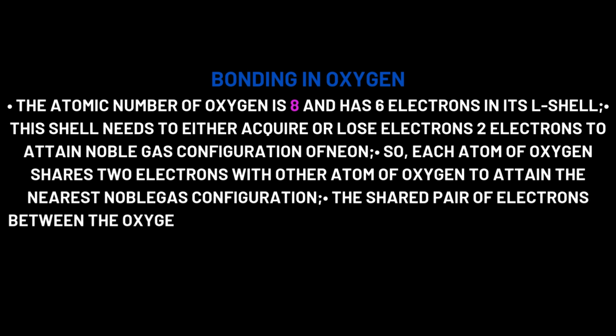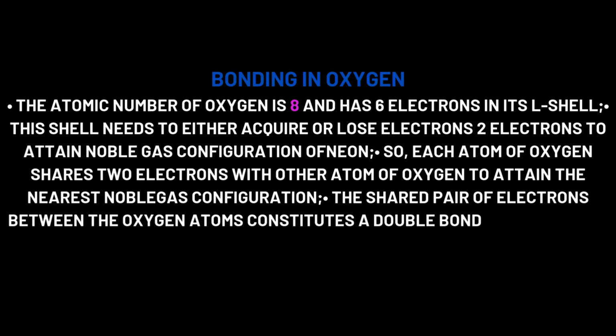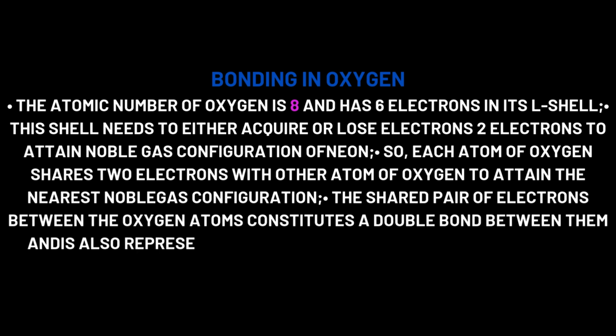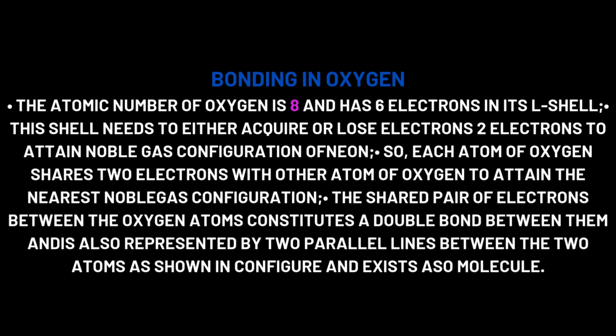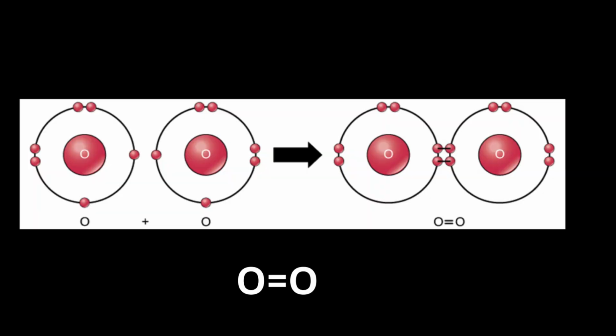So each atom of oxygen shares 2 electrons with the other atom of oxygen to attain the nearest noble gas configuration. The shared pairs of electrons between the oxygen atoms constitute a double bond between them and are also represented by two parallel lines between the two atoms, as shown in the figure.